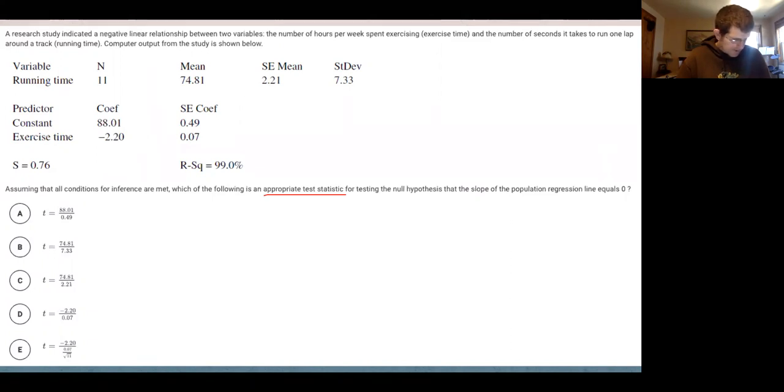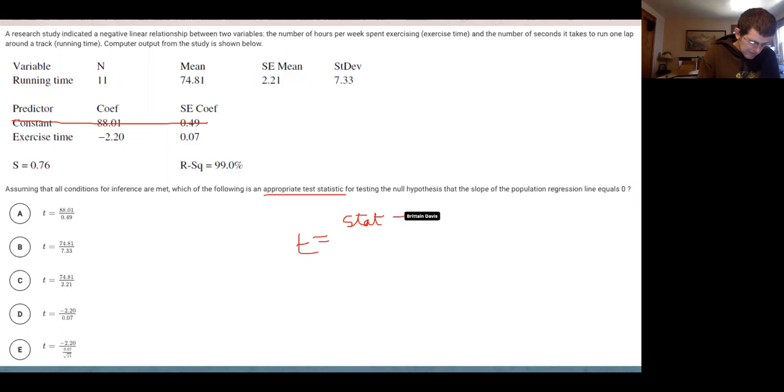So keep in mind, we don't care about the constant. The only values that matter for the t-statistic are the stat. Our parameter is going to be 0. And then the standard error.